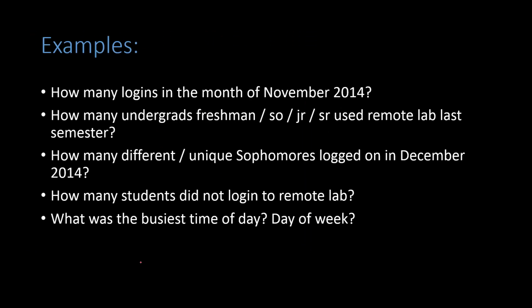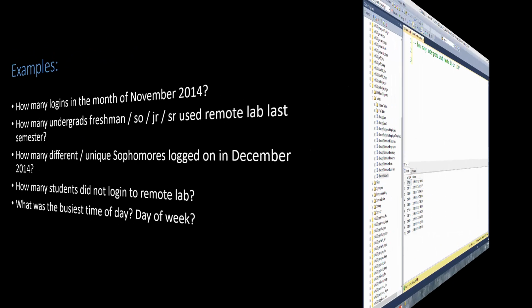So as an example, let's try to write how many undergrads, freshman, sophomore, junior, senior, used remote lab last semester. And by last semester, I will use fall 2014 or semester 1151. So let's go try and do that now.